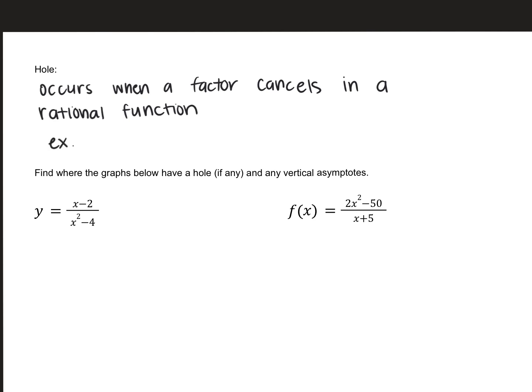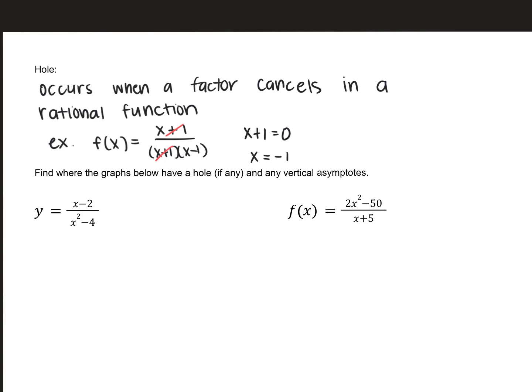So for example, if I have the function x plus 1 over x plus 1, x minus 1, I have the factor x plus 1 that cancels. Typically, if I were solving for where there's a vertical asymptote, I would say there's a vertical asymptote when the denominator equals 0. But if it's something that cancels, I can still technically plug in the value and get out a number, but I'm not supposed to. So x plus 1 equals 0, which means x equals negative 1 is a hole.